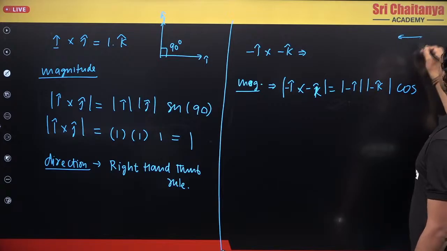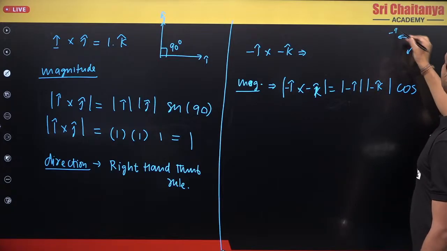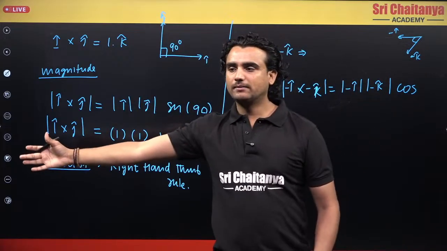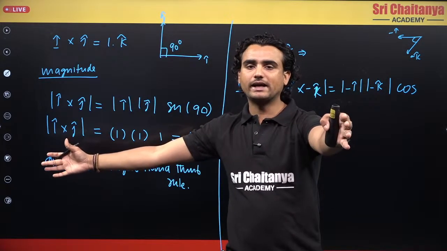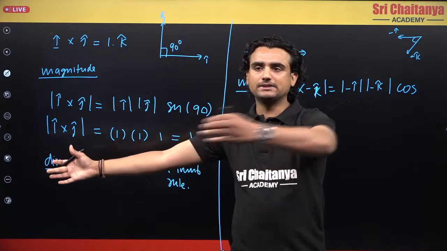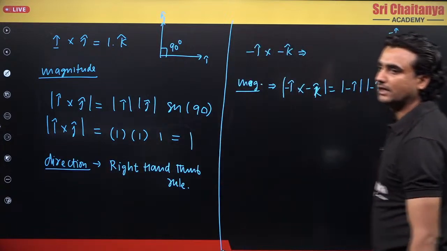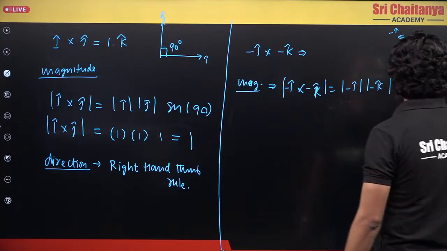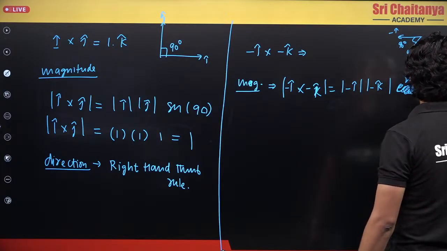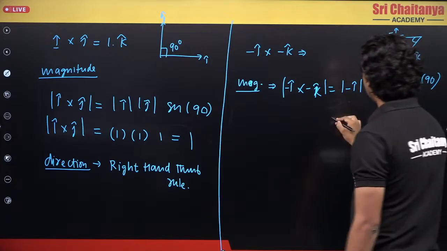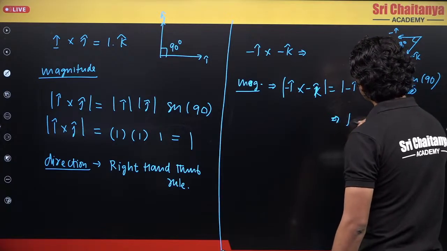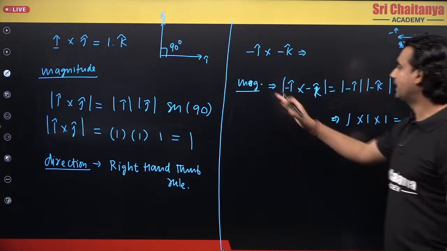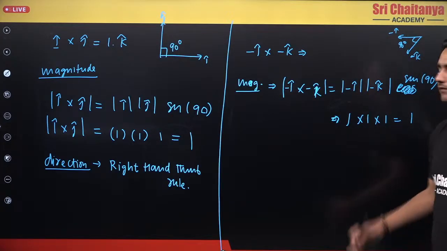Minus i is in this direction, minus k is in this direction, and if you check, the angle between them is 90 degrees. Since the angle is 90 degrees, this will be sine 90, and sine 90 is 1. So this will be 1 into 1 into 1, which is finally 1. So I have the magnitude as 1.